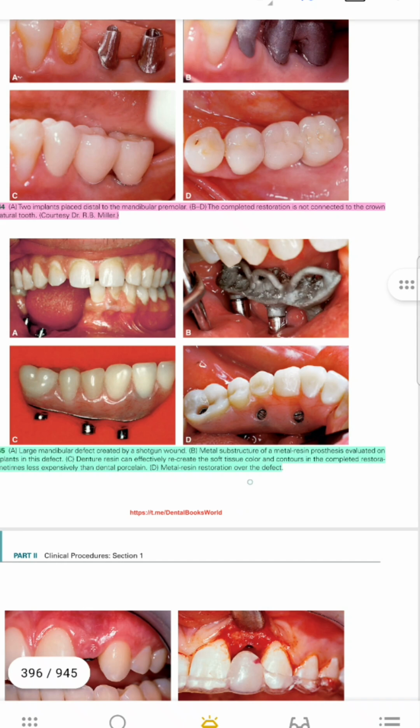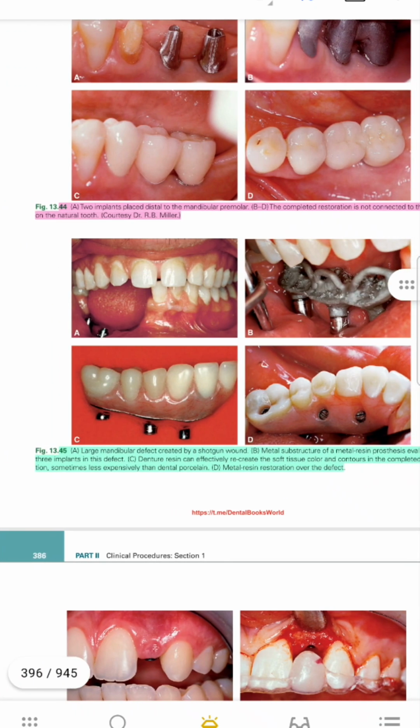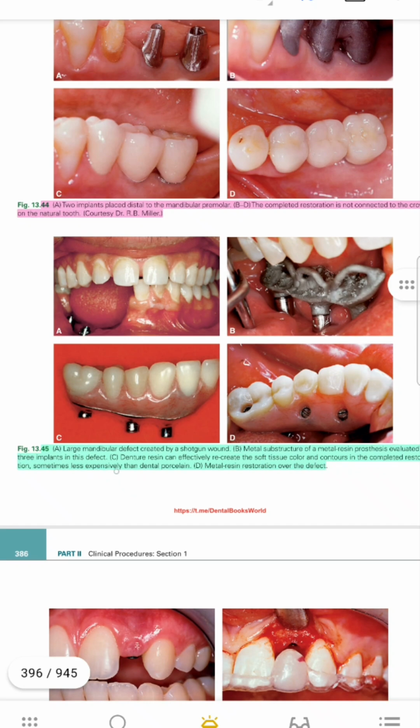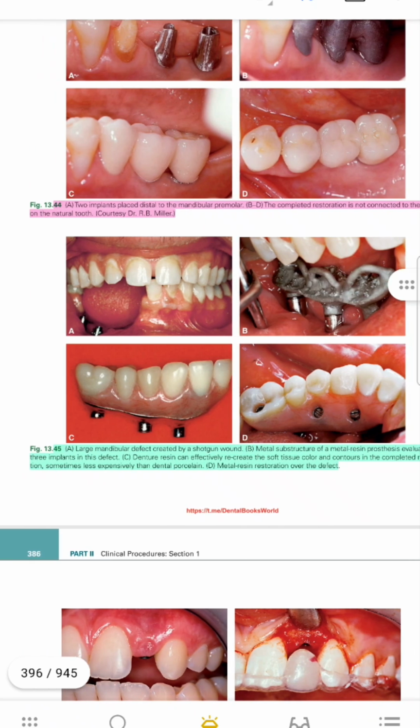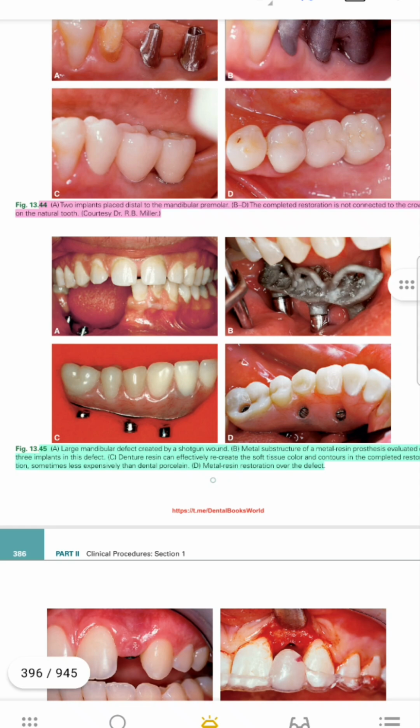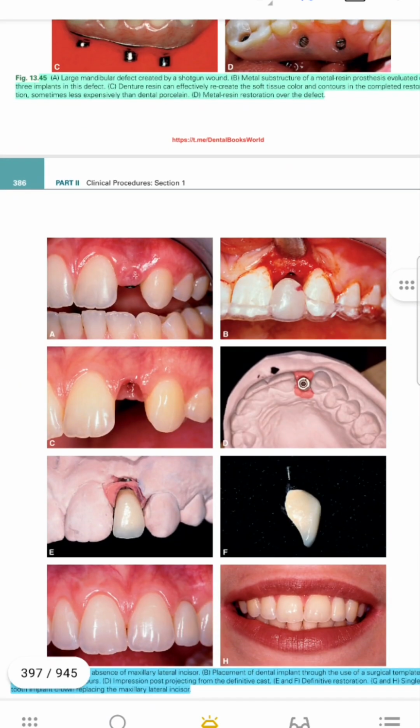The metal substructure of a metal resin prosthesis is evaluated on the 3 implants in the defect. The denture resin can effectively recreate the soft tissue color and contour in the completed restoration. This is the metal resin restoration over the defect.